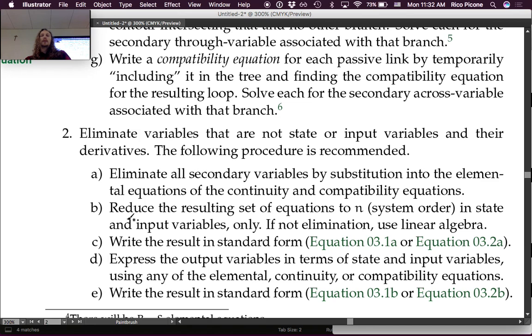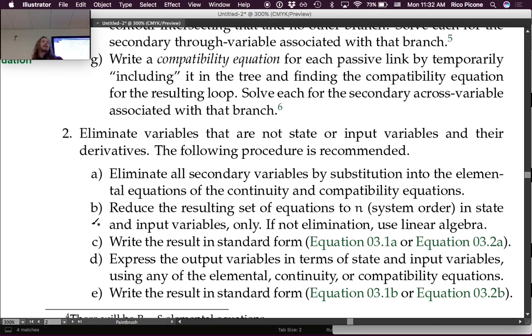Then we reduce the resulting set of equations to n equations in state and input variables only. So when we have a system of order n, which is usually the symbol we use for the system order, which is the number of state variables, right?